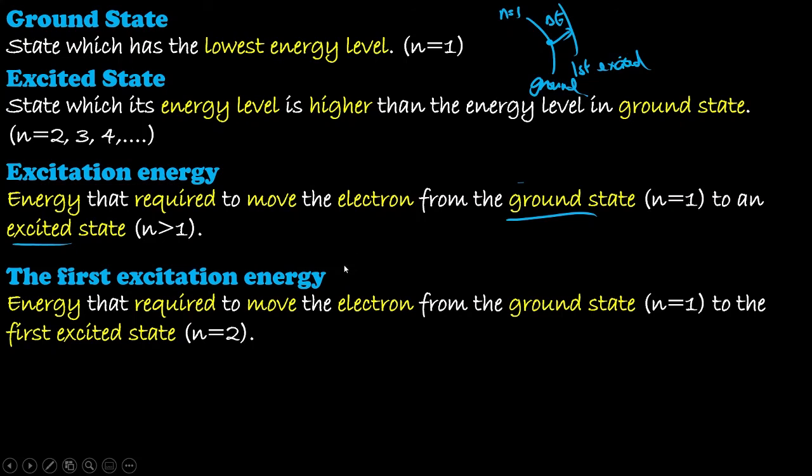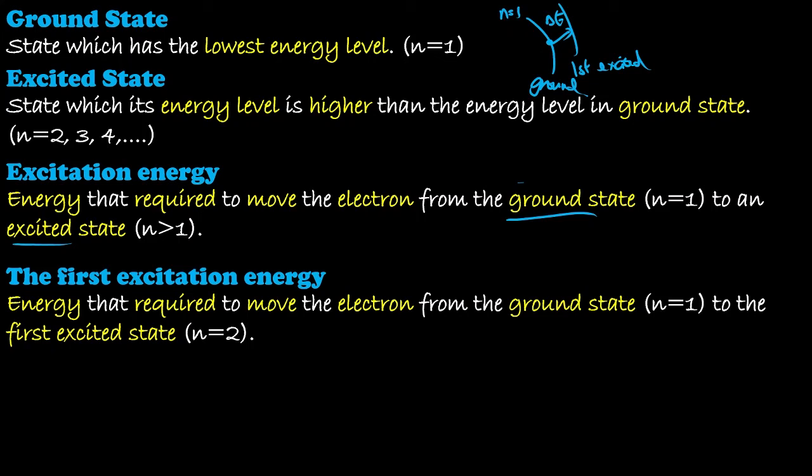If from the ground state it moves to the third excited state, it means the third excitation energy. This is how you name excitation energy.